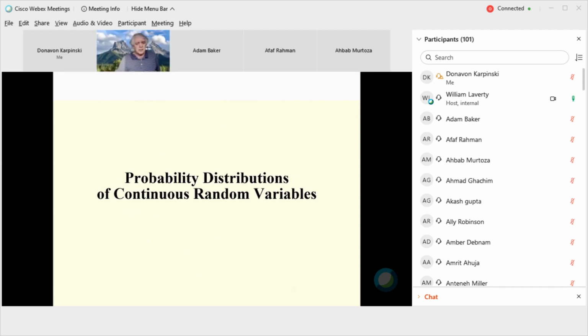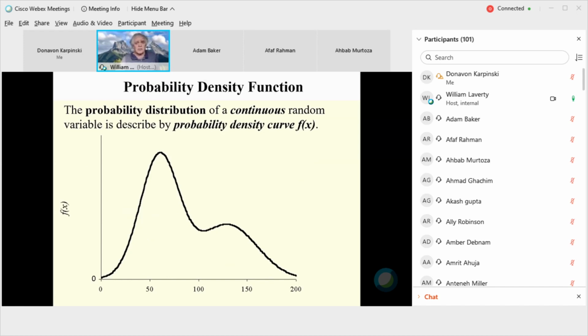Probability distributions for continuous random variables are described by what's called a probability density curve. In the discrete distribution, the total probability of 1 is broken up and placed at isolated points, usually integer values. For a continuous distribution, the total probability of 1 is smoothed over an area.